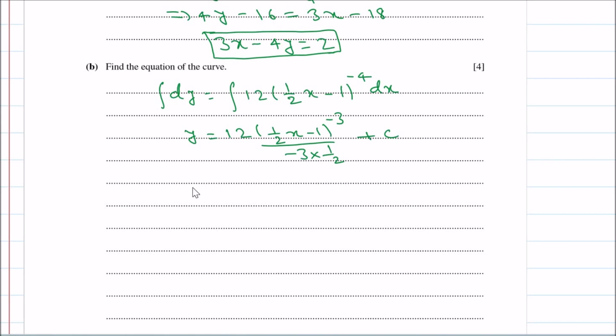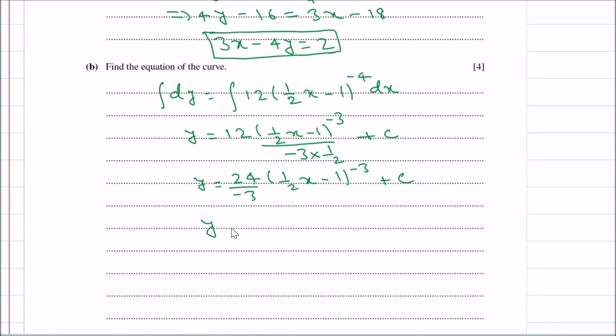Next, we can simplify this. So if you are simplifying, this 2 goes up, so 12 times 2 is 24 by minus 3, and we have in brackets (1 by 2x minus 1) to the power minus 3, then plus c.